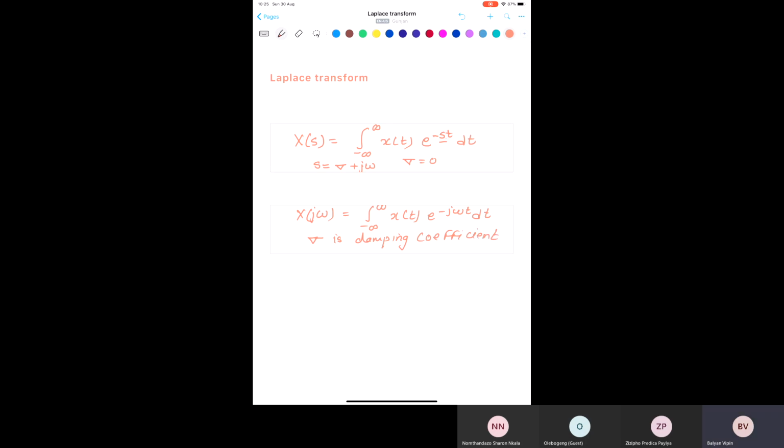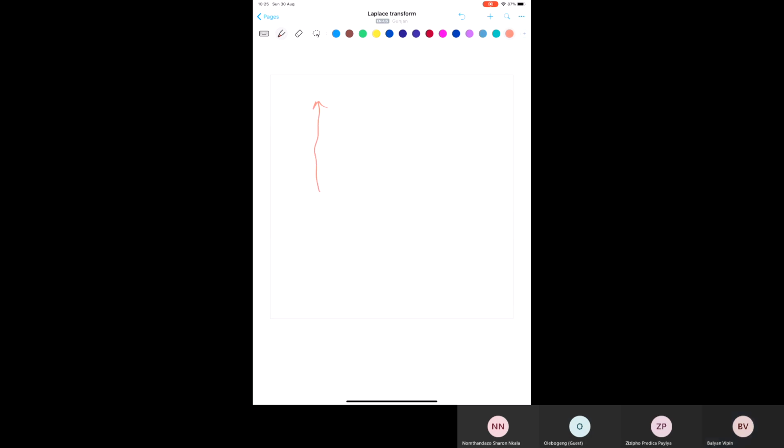So if I take any signal which is given like this, and I transfer it through air, basically any signal x of t is given and you are transferring it through air.